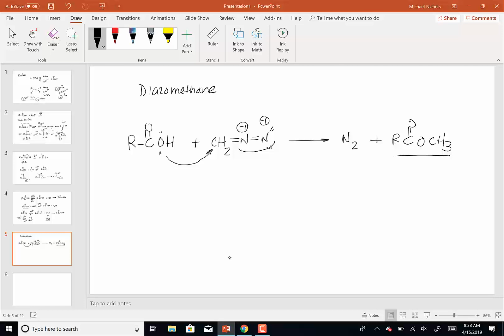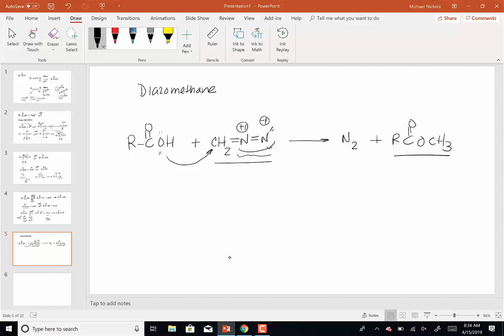The problem with this reaction is that, I mean, it's very nice to make methyl esters, but you have to generate the diazomethane in situ, which means that basically you have to generate the diazomethane gas and then bubble it into the reaction, because diazomethane itself is unstable because it has that embedded gas molecule in it.